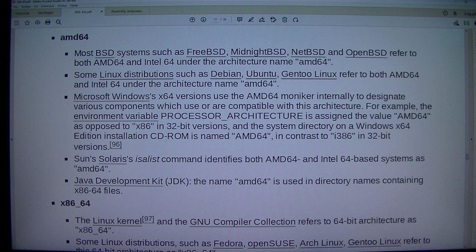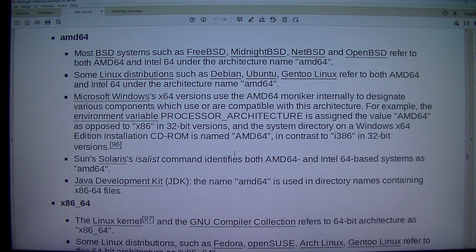For example, the environment variable PROCESSOR_ARCHITECTURE is assigned the value AMD64 as opposed to x86 in 32-bit versions, and the system directory on a Windows x64 edition installation CD-ROM is named AMD64, in contrast to i386 in 32-bit versions.